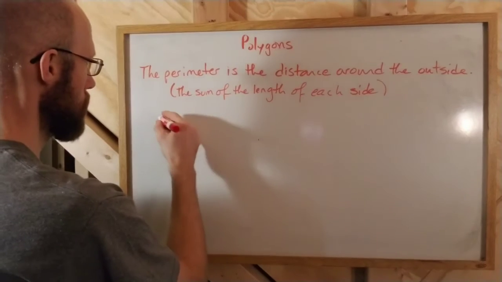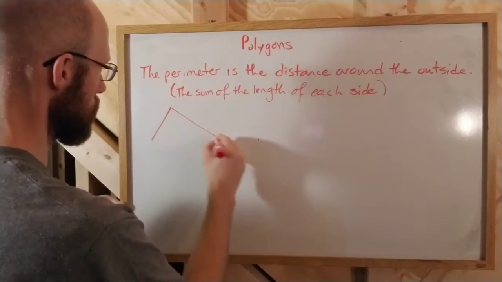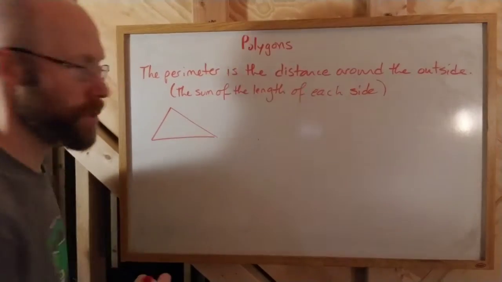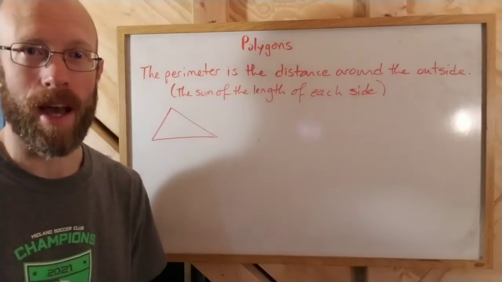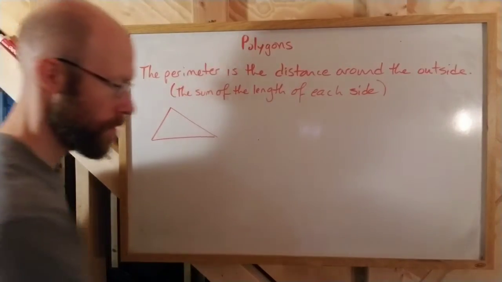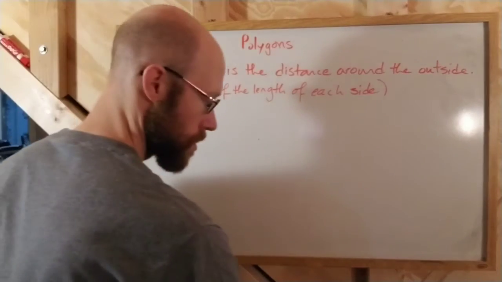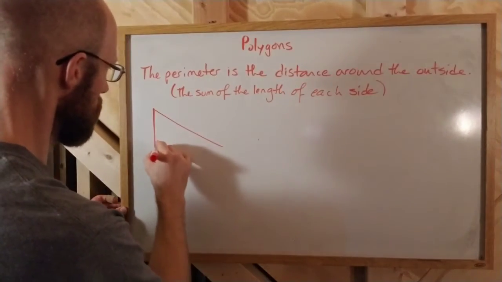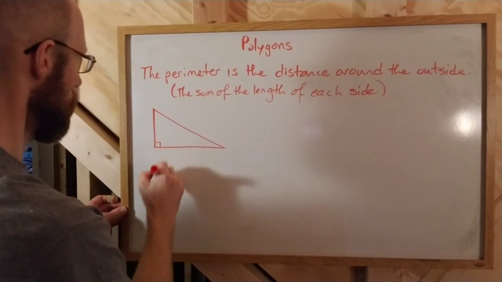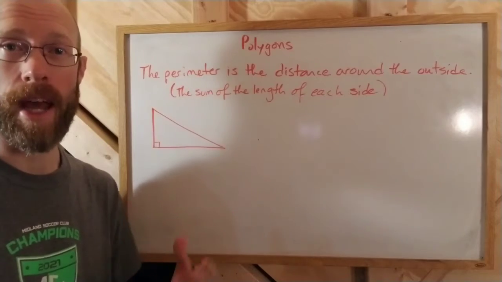For instance, let's look at a triangle. Now, certain triangles, like a scalene triangle where all the sides are different, you still just have to know the sides, okay? So that one I'm not worried about. It's similar to what we just did. But right triangles, if I only know 2 of the sides, I can still find the third and then add them up.